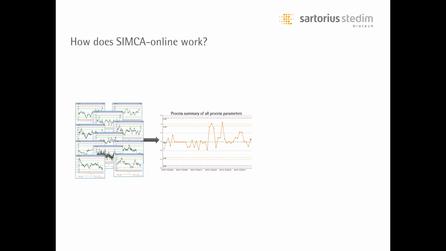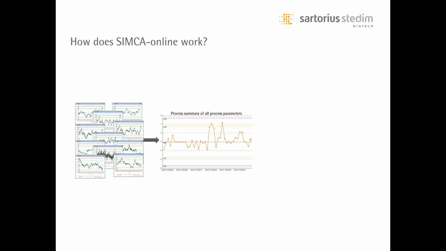The reason why it is efficient to utilize a tool like Simca Online is that it utilizes multivariate technology that basically summarizes all our individual parameters into multivariate parameters that we then use to monitor the process in real time. And we can then get basically a trace of the process which contains an input from all of the original process variables.